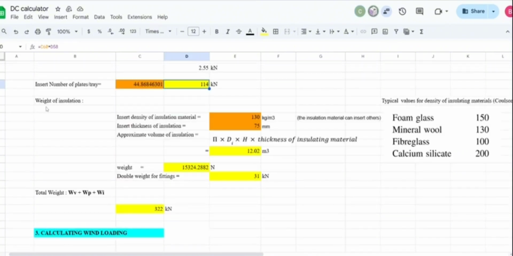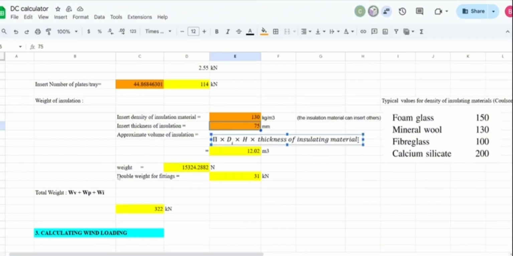After that, you need to calculate the weight of insulation by inserting the density of the insulation material. From the question, it stated that the material is mineral wool, so 130, and insert the thickness of insulation given, which is 75. We will use the thickness of insulation to calculate the approximate volume of insulation using this formula.